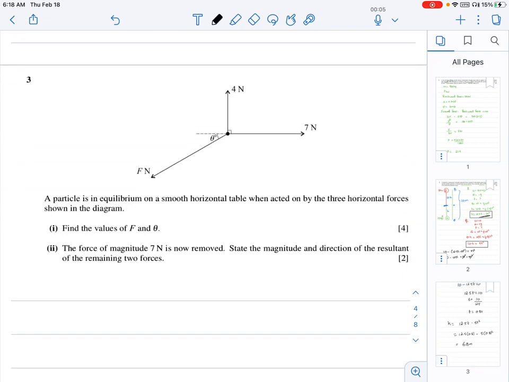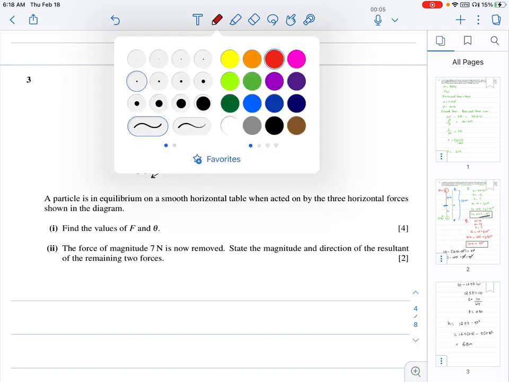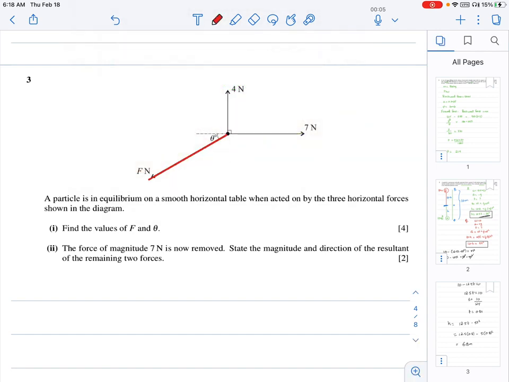Question number 3. This diagram, find the values of F and theta. So first resolve F. I resolve it horizontally and vertically down. So horizontal will become F cos theta, the vertical will become F sin theta. Now I think it should be in equilibrium.